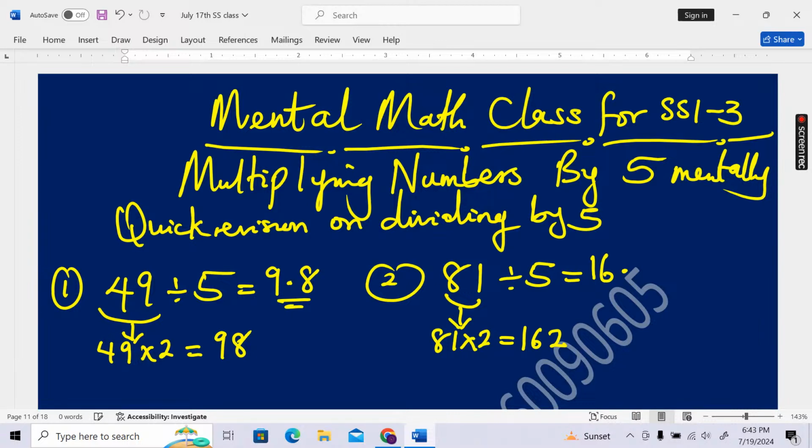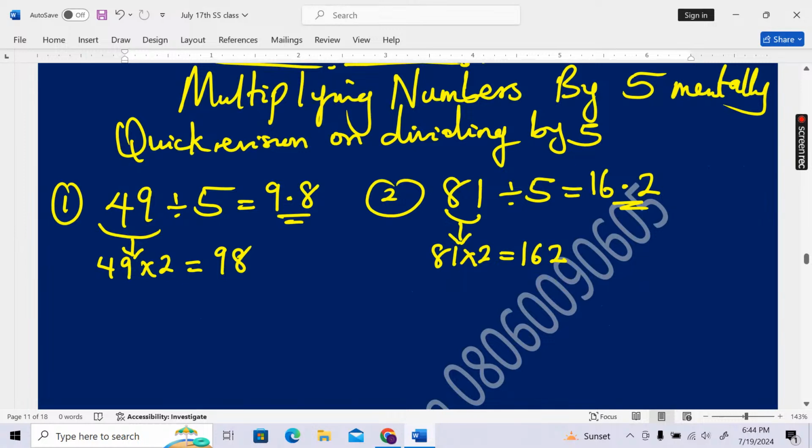That will be 16.2. So 81 divided by 5 is 16.2.